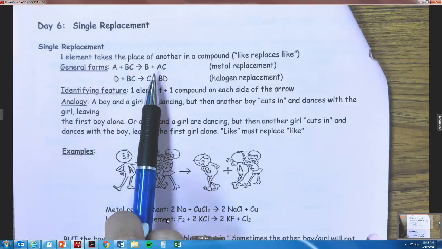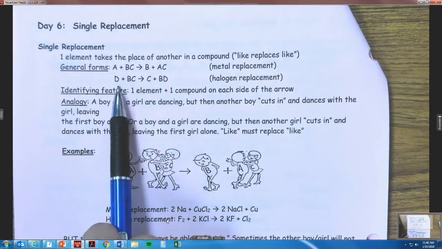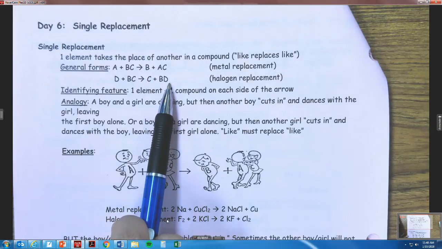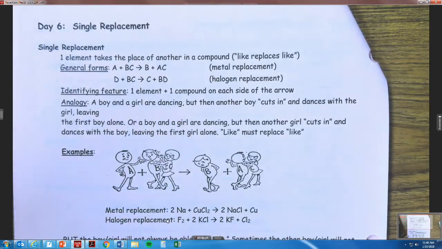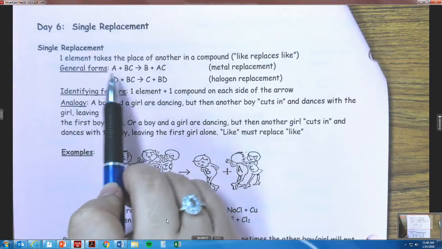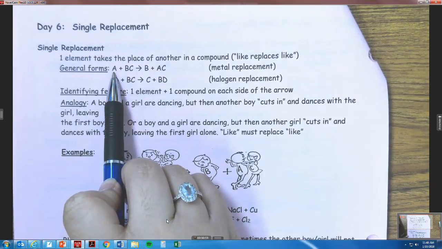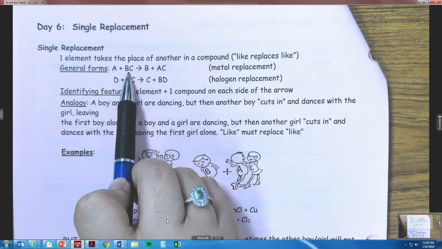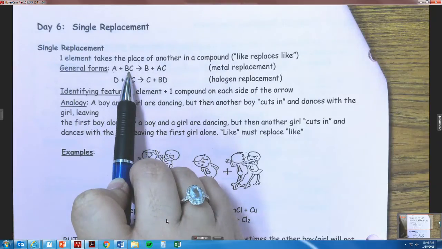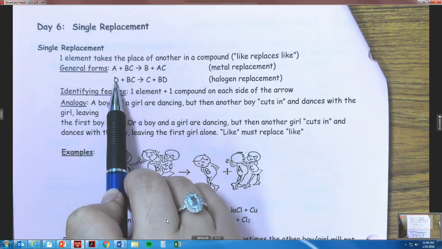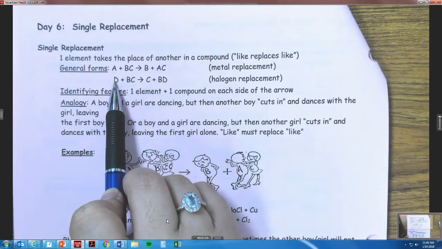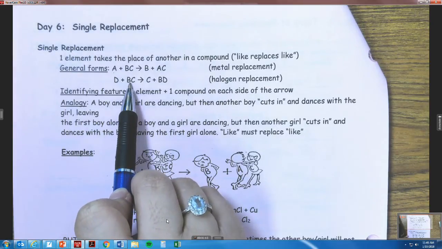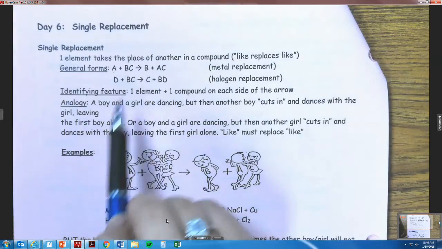And the same thing here, D plus BC yields C plus BD, which is basically stating that if A is a metal, it's going to replace the metal that's in the compound. And if D is a halogen, it's going to replace the halogen that's in your compound. They are going to switch places.